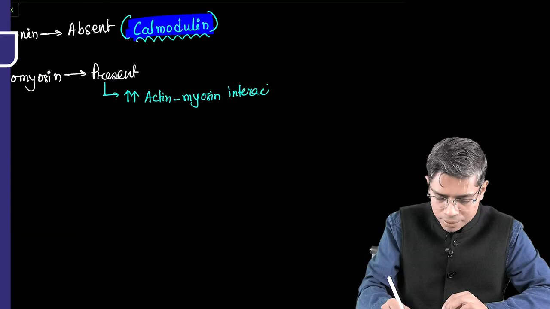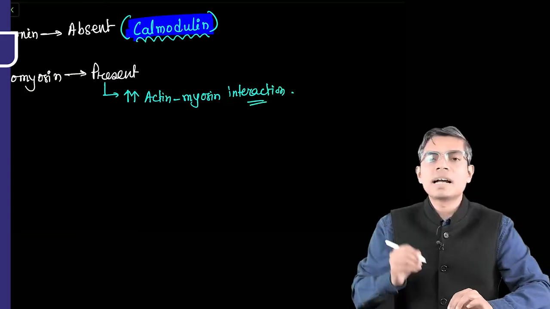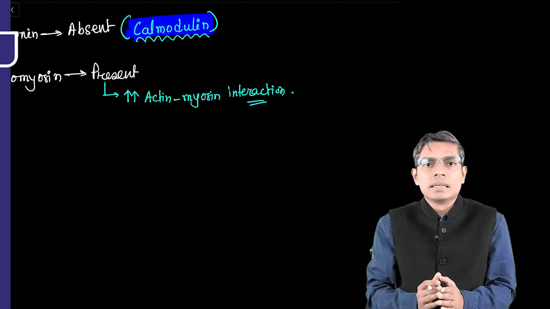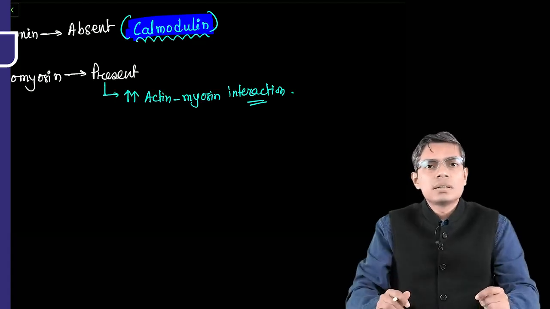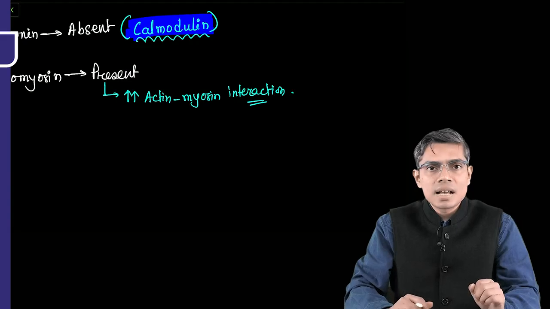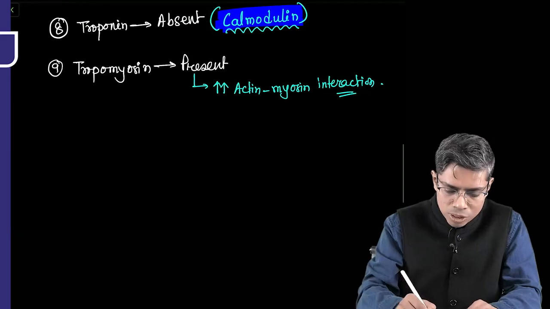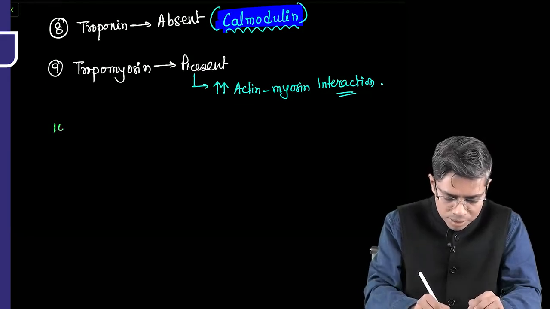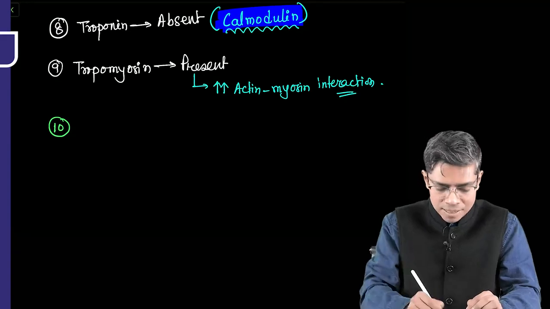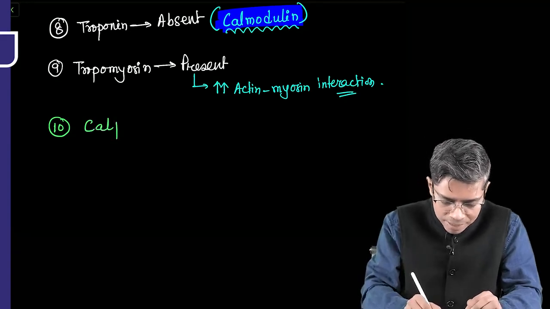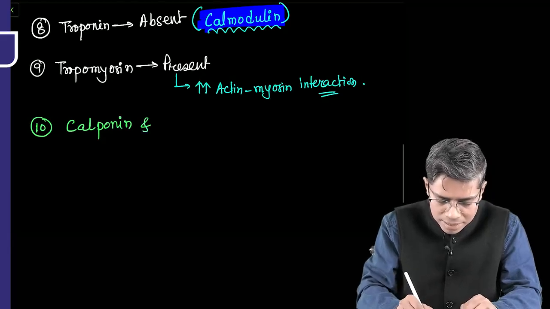Oh my God. It is increasing the actin-myosin interaction rather than preventing. So the question is, who will prevent the actin-myosin interaction in smooth muscle in resting condition? Look at two new names you have to remember. This is important for future MCQs: calponin protein, as well as caldesmon protein.